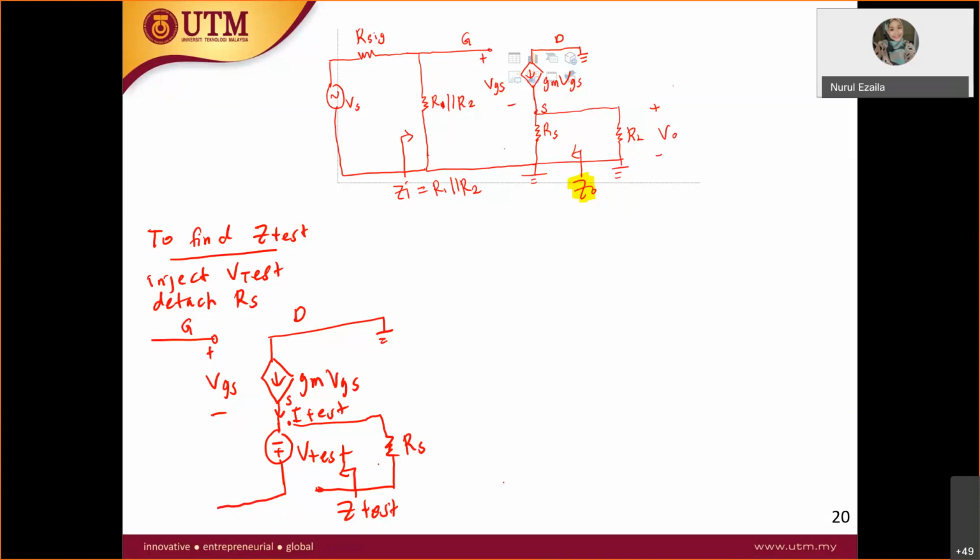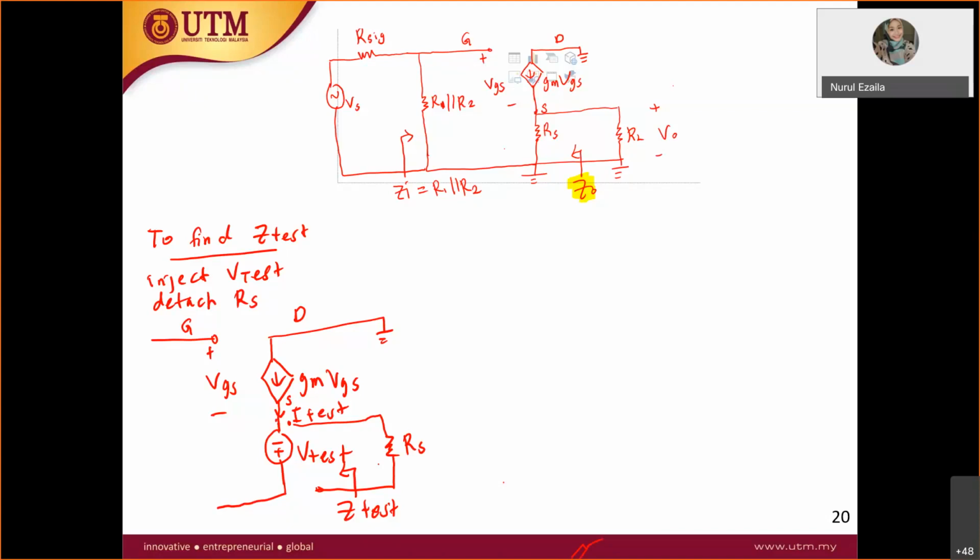To find the V test, if you can see here, there is no resistor. In the common collector, you have resistors everywhere, but now you only have VGS. From the source to ground, you can actually see these two resistors.